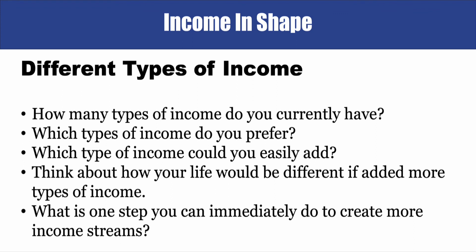Have you created a product, or you sell things on the side that are scalable, that are passive? Think about how many types of income you currently have. Now, which of those types do you prefer? Do you like earning your money? Do you enjoy what you do, therefore you like to earn money? Or are you fascinated by building assets, acquiring assets, and earning income passively?